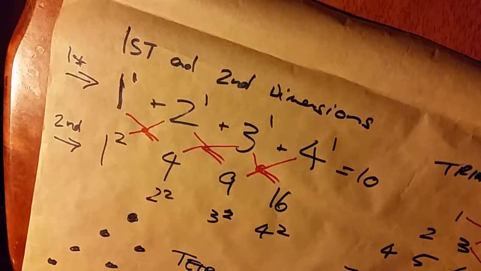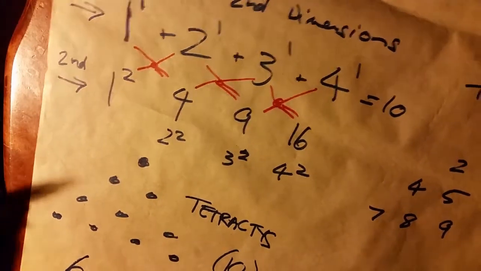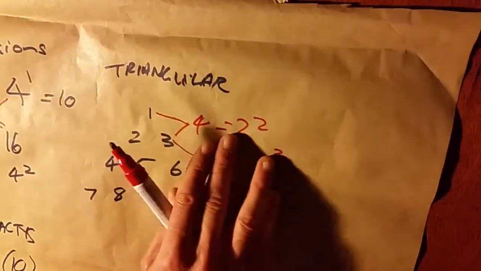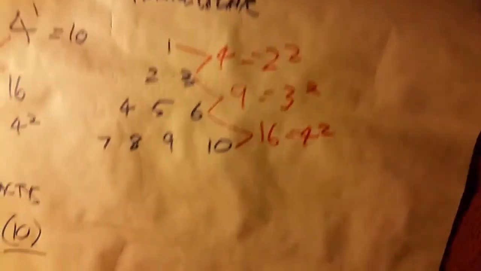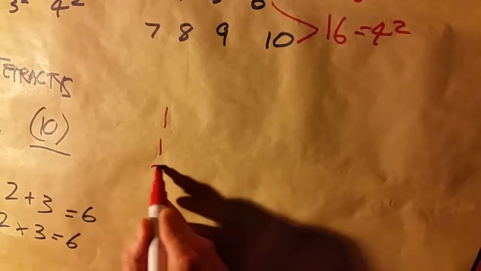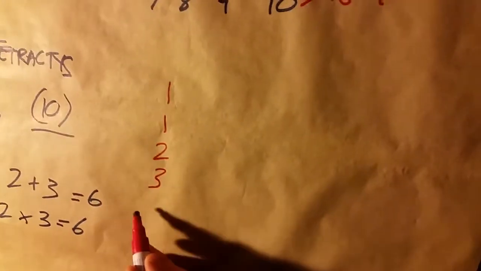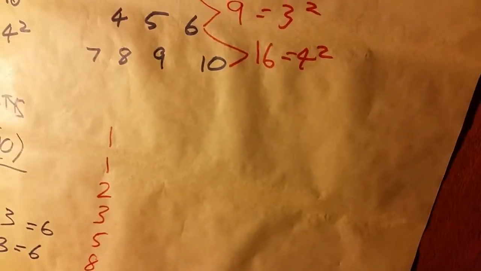Now, just a quick overview. It's basically 1 and 2 dimensions and how they relate to each other: Tetractys, perfect numbers, harmonic numbers, and starting to see how squares connect back to them. Another example of that would be the Fibonacci: 1 plus 1 is 2, 1 plus 2 is 3, 5, 8, 13.